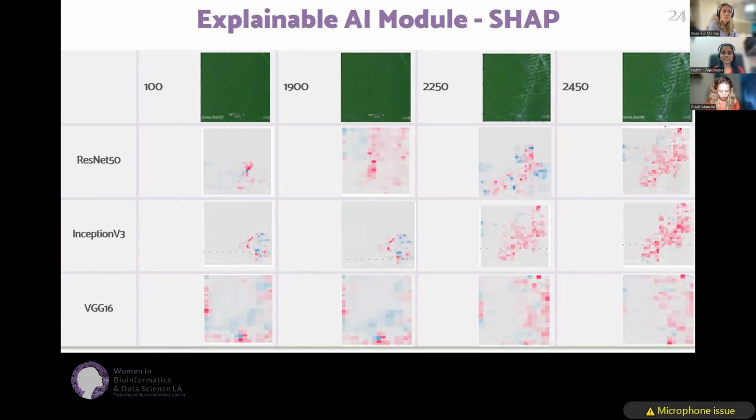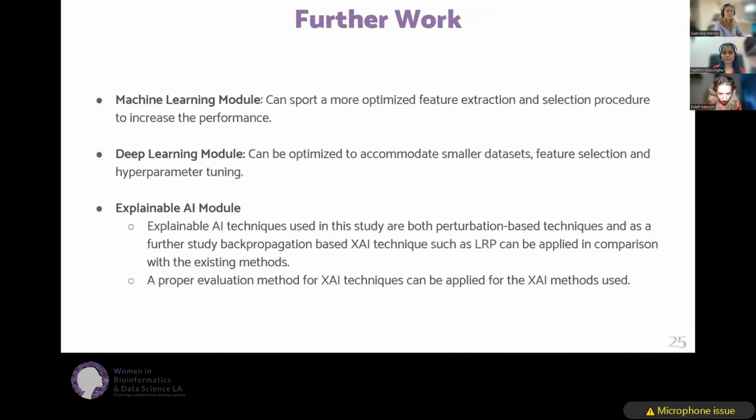The higher the intensity of the pink or blue color, the more the negative or positive contribution is. Aligning with the LIME predictions, SHAP also indicates that ResNet50 and InceptionV3 have correctly identified the features for each prediction. With that, let's move on to the further work.